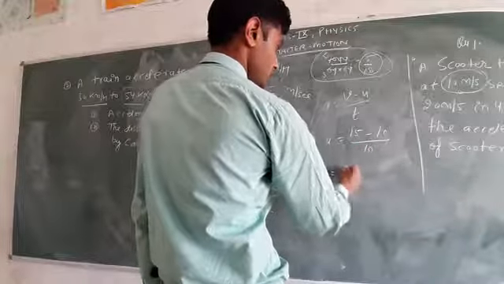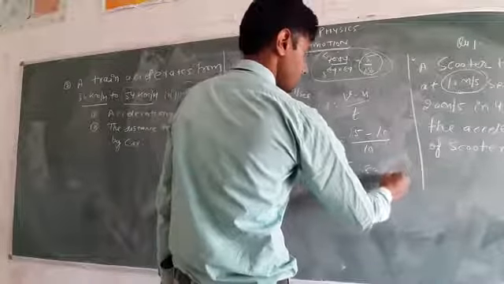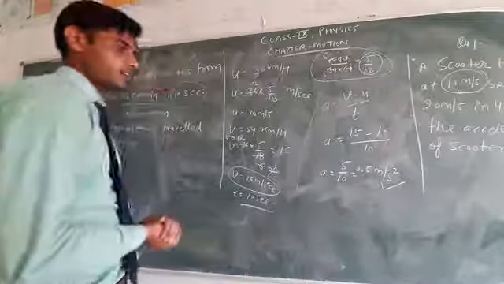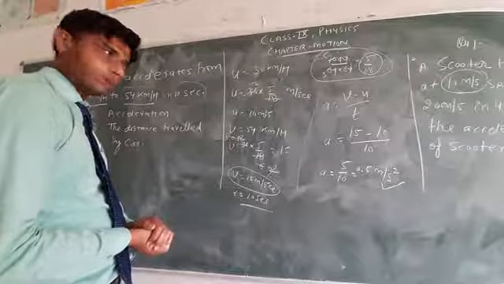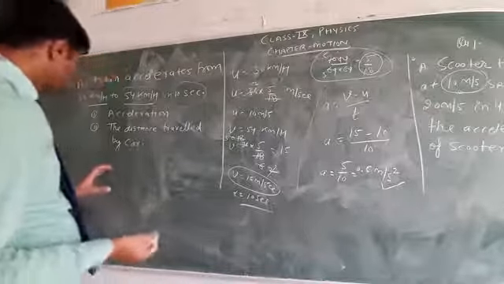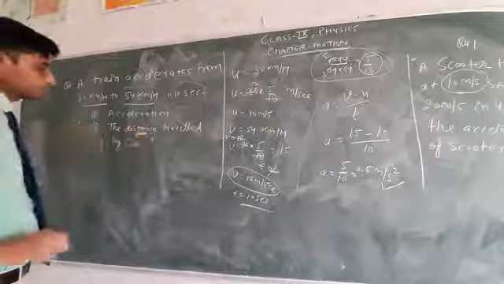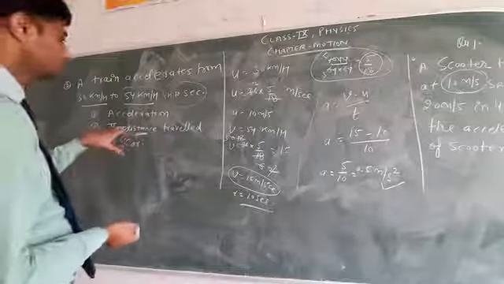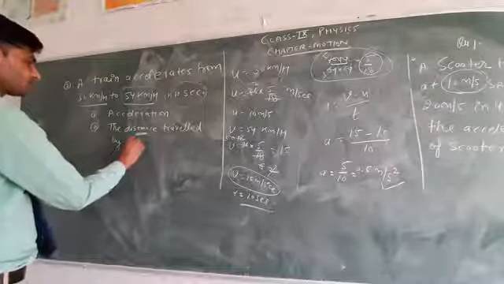So a equal to 5 upon 10, 0.5 meter per second square. This is the value of acceleration. Clear? But we also have to find the distance traveled in this time, the distance traveled by the train in this time.